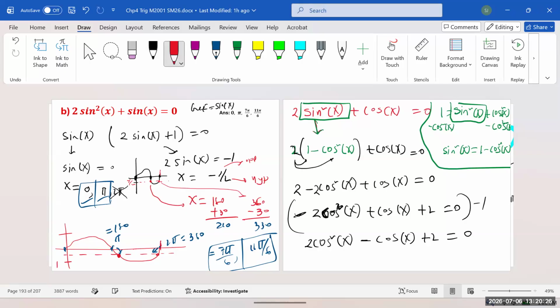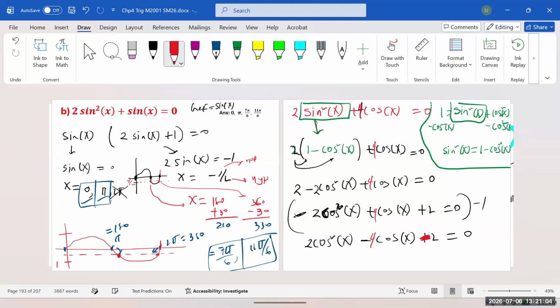Let me put 4 here so you can actually solve it. Without 4, it's not factorable, but if you put 4, it's factorable. Oh, sorry, my bad. This should be minus.